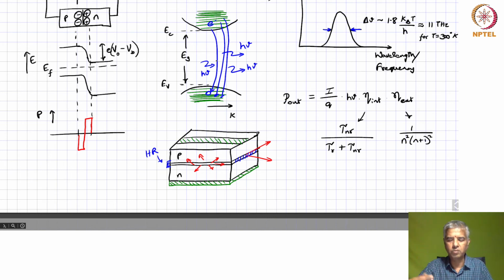When you say clone, what we are talking about is having the same frequency, the same direction and the same phase that is generated.